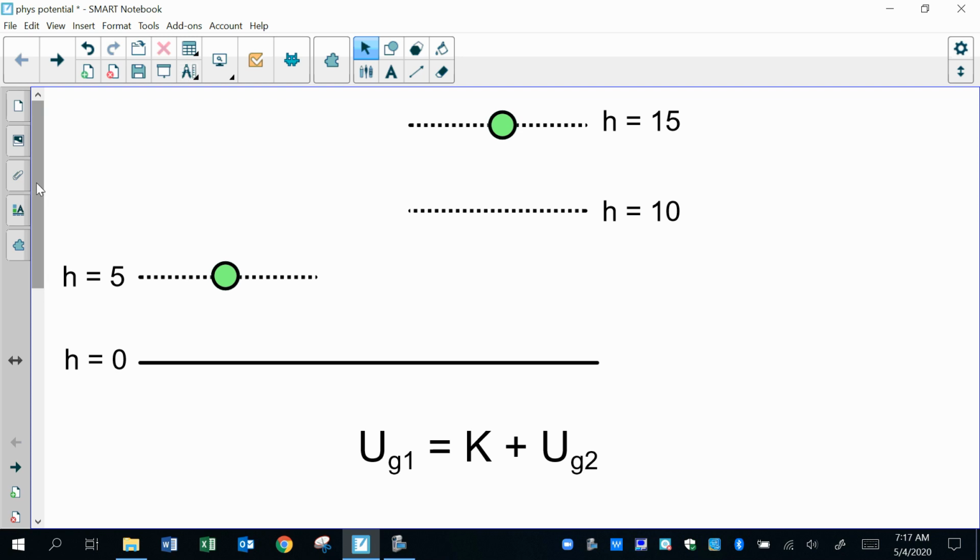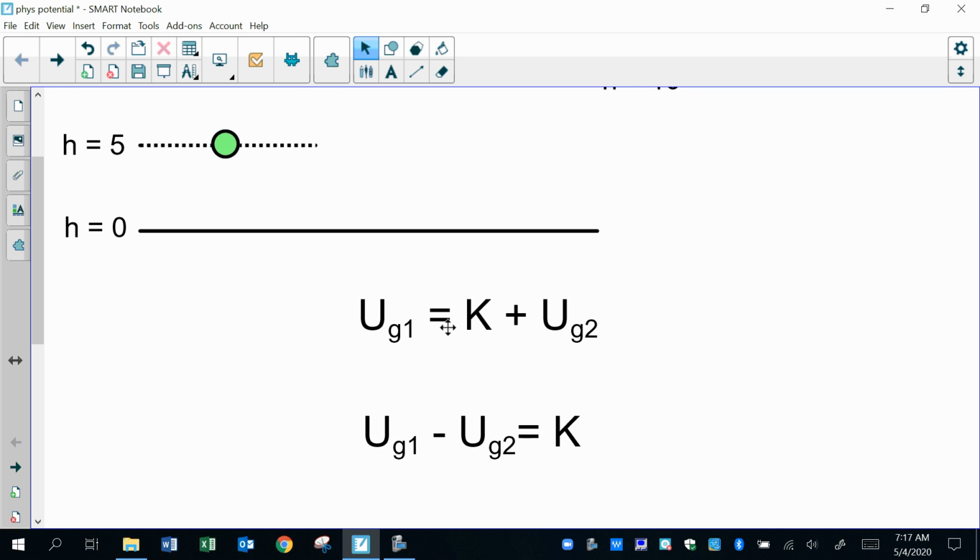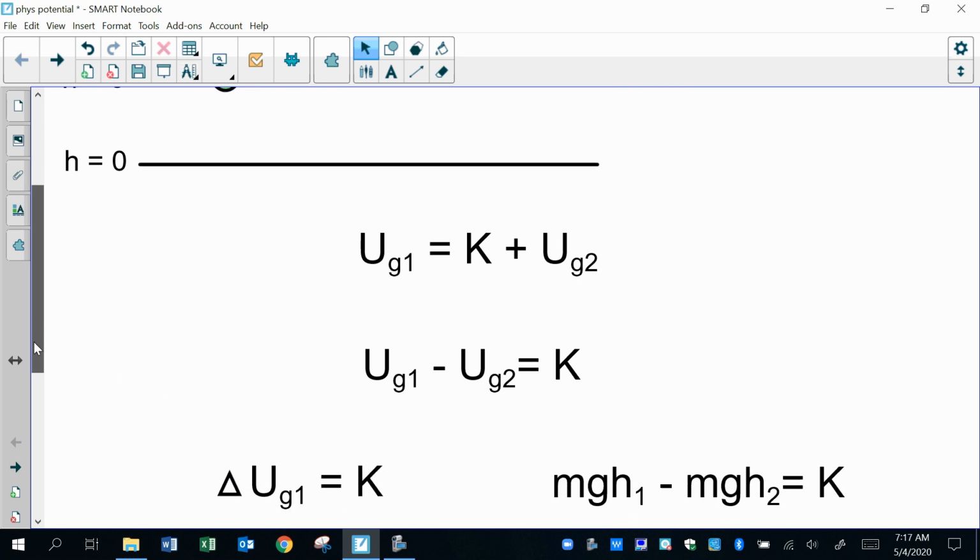So I'm looking at my options here as I scroll down. I subtract away, I take the difference. Taking the difference is delta. And so what I have here is the change in my potential energy equals my kinetic. So it's not potential equals kinetic, it's technically, and it's always been, change in potential is equal to our kinetic.